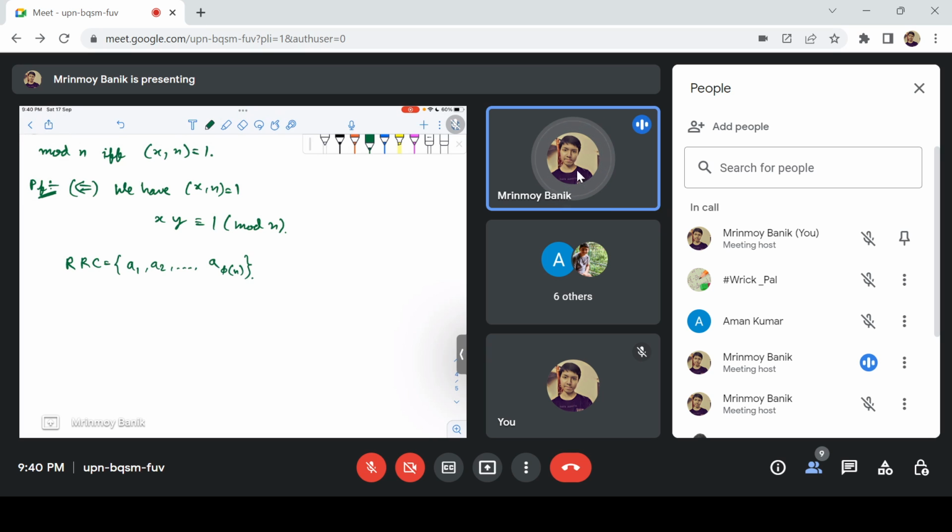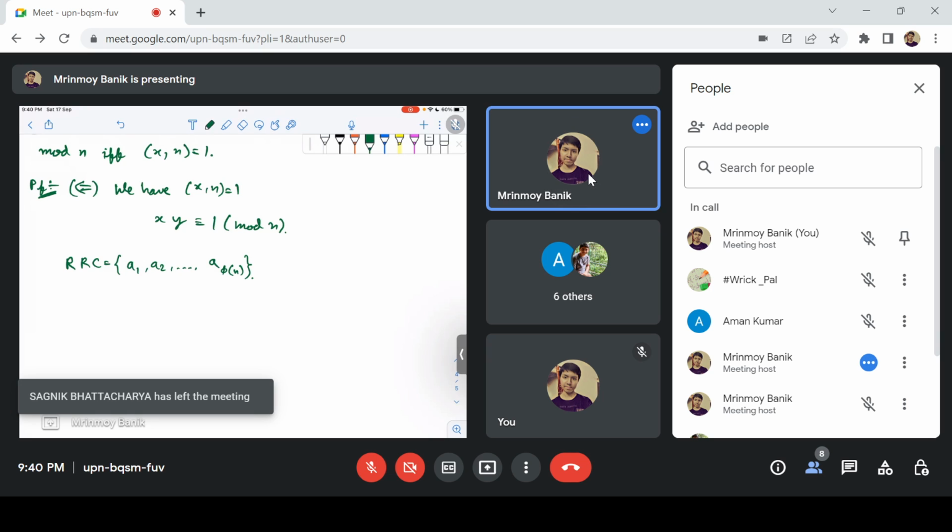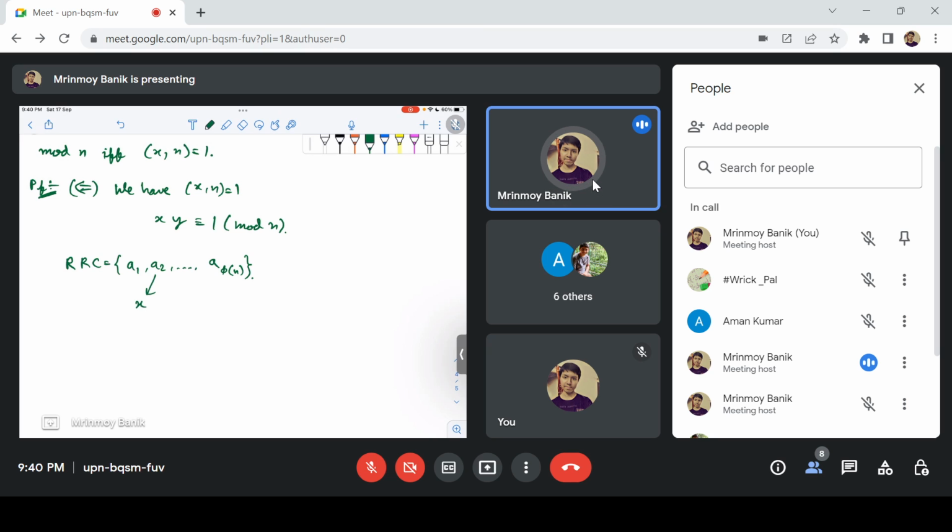So phi n many numbers which are less than 6 and relatively prime to 6. This by definition is the reduced residue class of 6. And then we will argue that if we pick any number, say x, we multiply each of the numbers from this set by x.